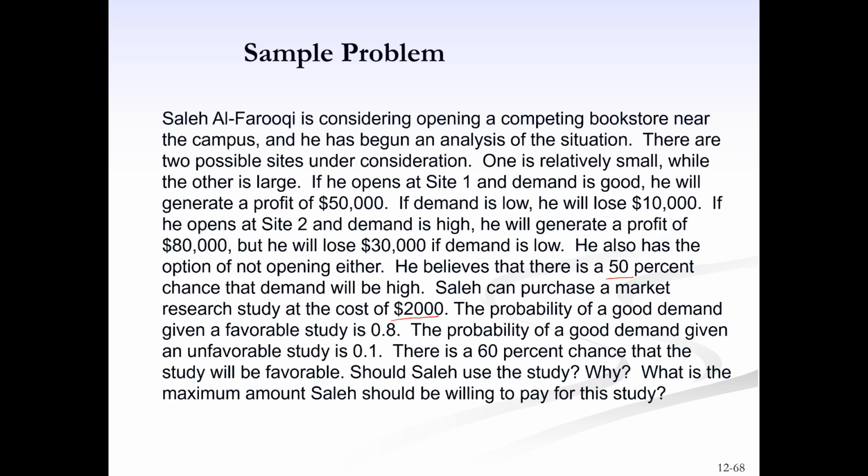Now, the probability of good demand, given a favorable study, which means probability of favorable market, if you like, we can use the same symbols, given that the favorable study, which is positive report, is equal to 0.8, and the probability of a good demand given an unfavorable study is 0.1.